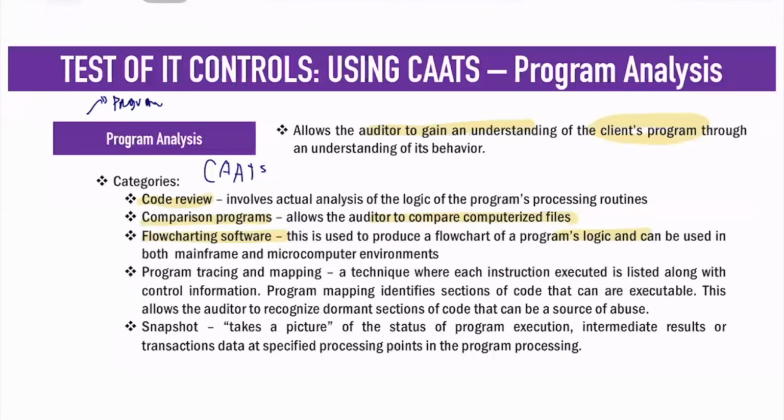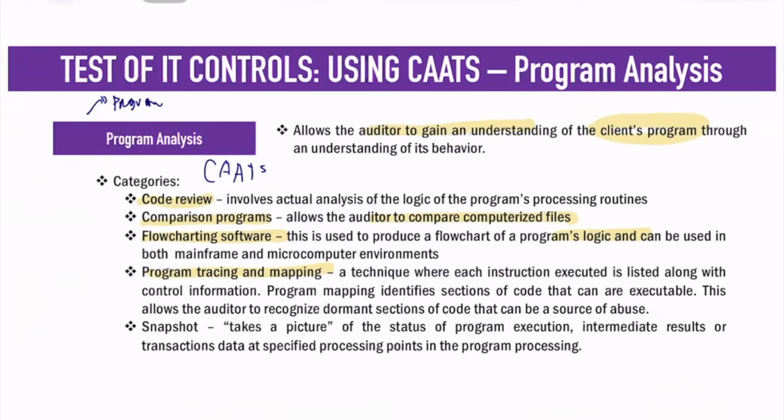Next, you look into program tracing and mapping. Here, you list the different techniques and the different controls, and you need to map them based on the codes provided. So here you are again testing the program itself, right? And the program is coded. So based on those codes, you map the different technique and control in place in a particular code.